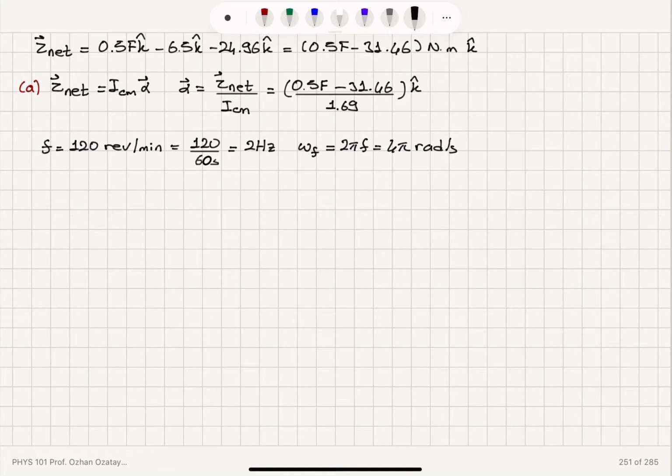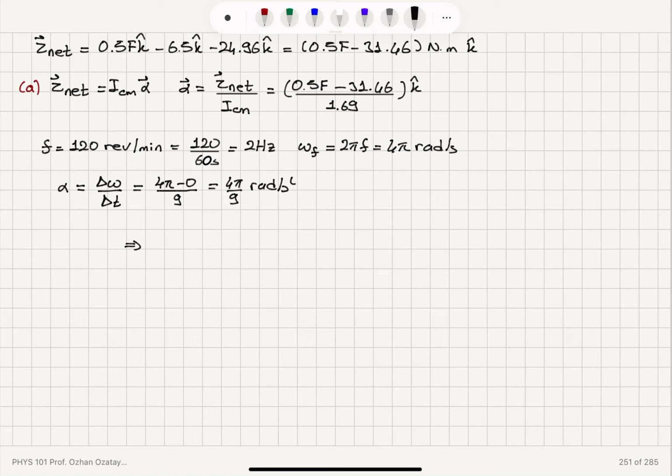That's the final angular speed I'm looking for. Now the angular acceleration alpha, because I'm going to have a constant angular acceleration, it will be delta omega divided by delta t, equal to the average angular acceleration, and I'm looking for a change in omega from 0 to 4 pi radians per second, 4 pi minus 0 in 9 seconds. So that is 4 pi divided by 9 radians per second squared.